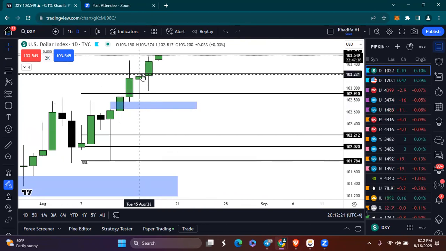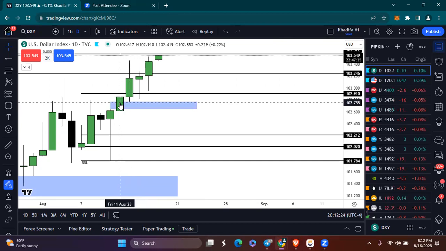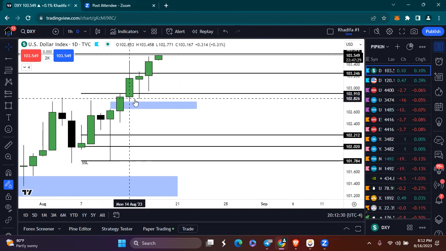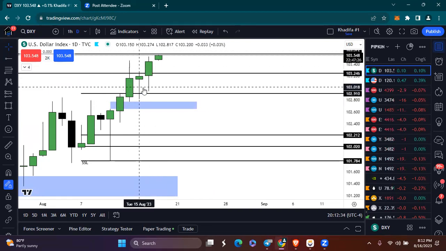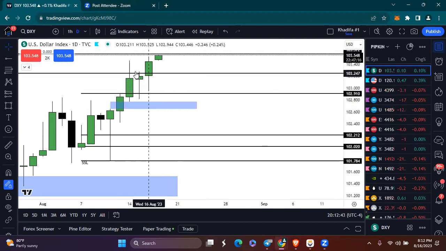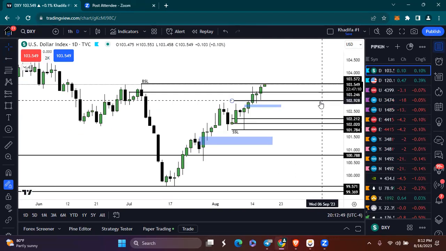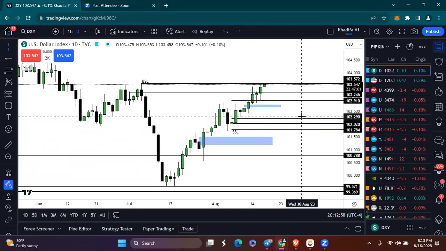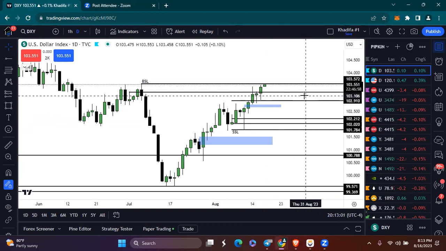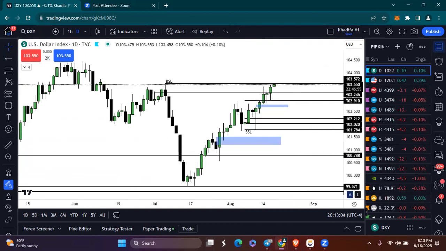I told you guys that if we pull back down to retest Friday's buy side liquidity and we didn't close below it, then I would still expect it to run back up into 103.6, and then if we broke and closed above that, 103.572.